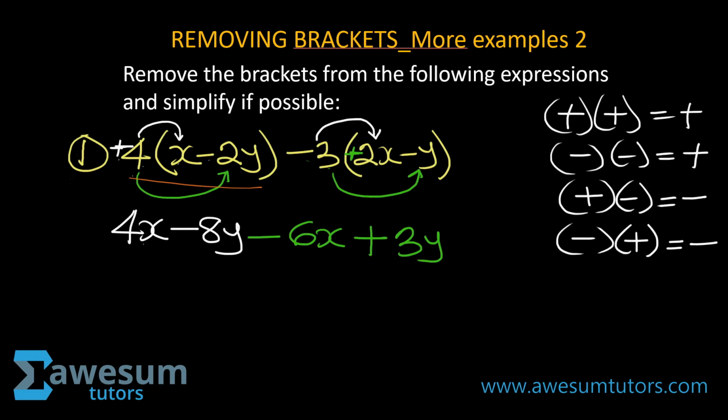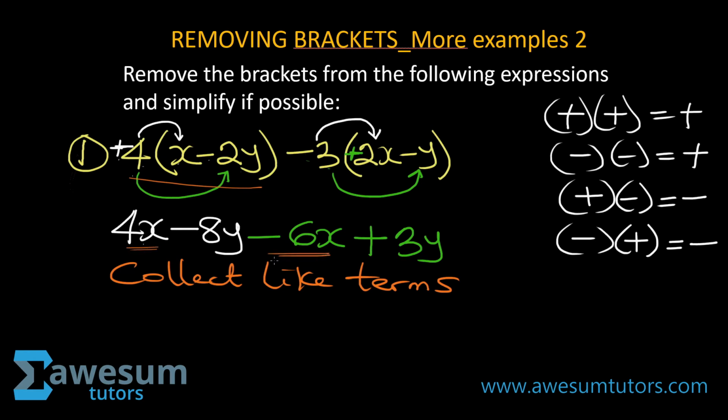Very good, guys. Now, the next thing we can take a look at is to see if we can simplify. For you to simplify further, we need to collect like terms. Now, how do we collect like terms? This is 4x, and this is negative 6x.